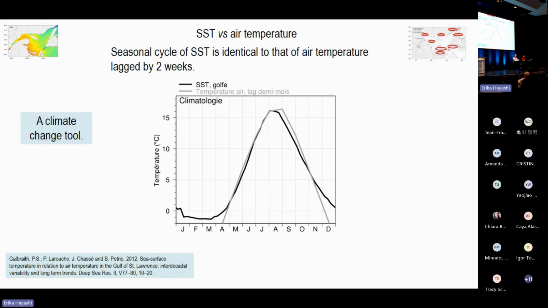So this is a nice climate change tool showing that the coupling is so strong that air temperature is a good indicator of what the SST is going to do. But more than this is a 30-year climatology, but the area under this curve for SST is basically the mean temperature between May and November. So interannually, this curve goes up and down, right?